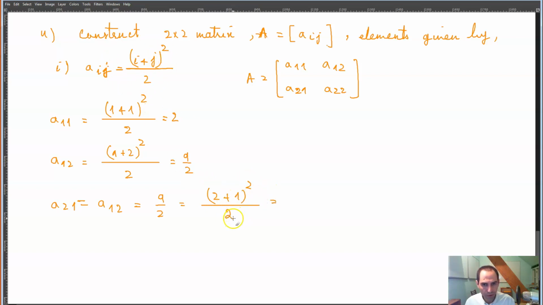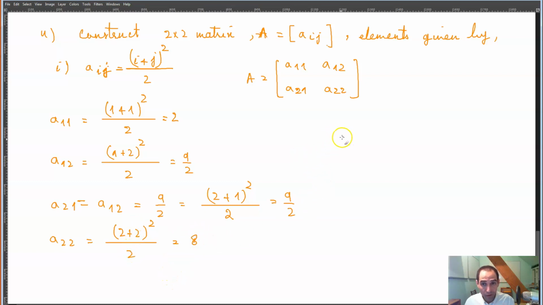And so you have 3 squared divided by 2, which is equal to 9 divided by 2, right? And then you have A of 2, 2, which is equal to 2 plus 2 raised to the second power divided by 2, which is equal to 4 squared, which is equal to 16 divided by 2 is equal to 8, right?